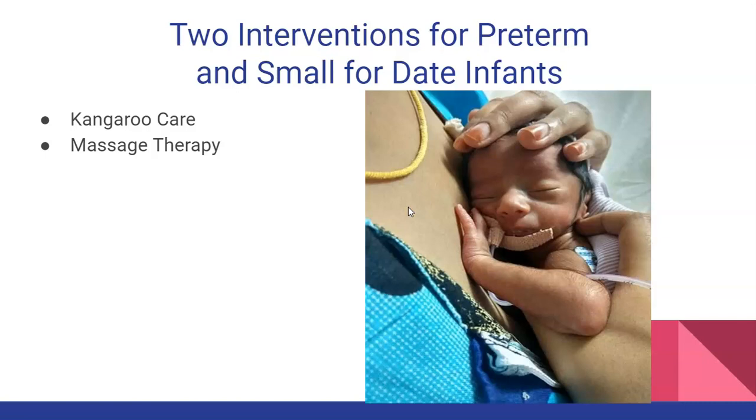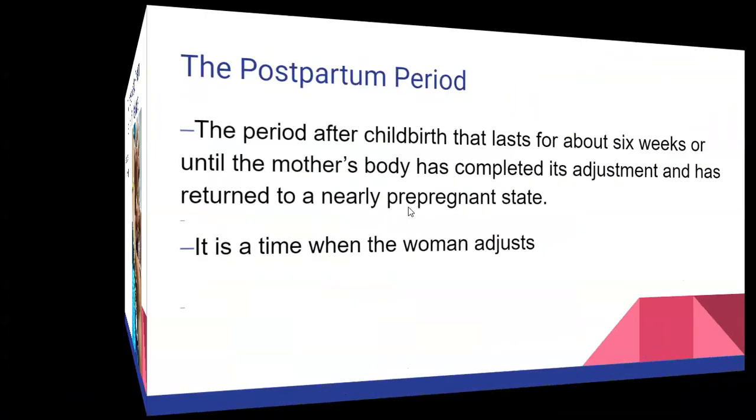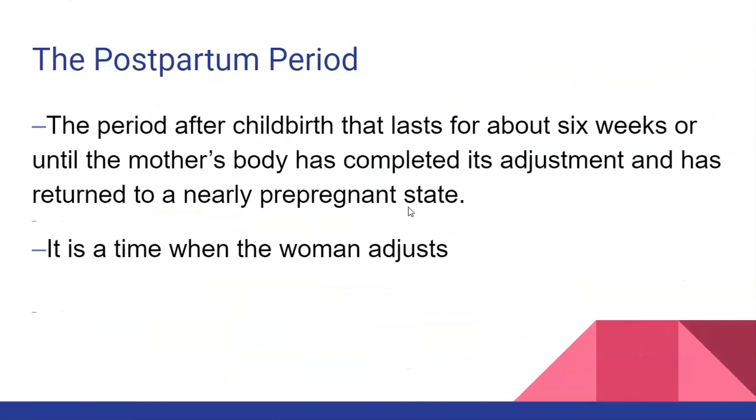So after the child is born, if you had a hospital or a birthing center birth, you would take the child home. And then we enter into the postpartum period. Postpartum period usually is around 6 weeks after childbirth, and it even may last up until the mother's body has completely adjusted.